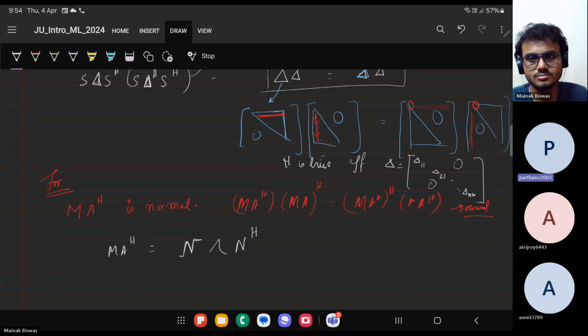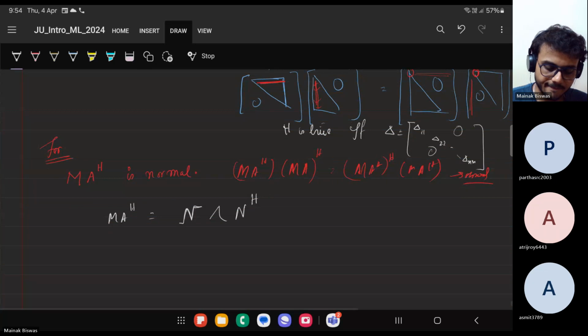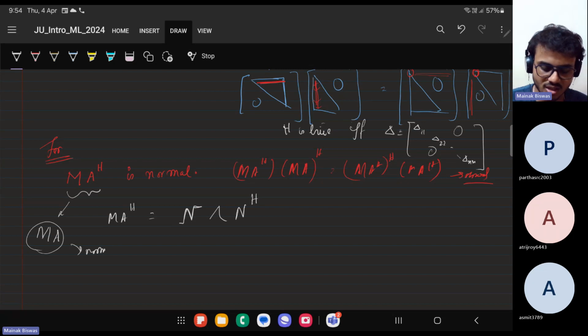We just proved this. Similarly, just for ease of our understanding, since MA is also normal, this is also normal. You can check that. This is just going to make our lives easier.